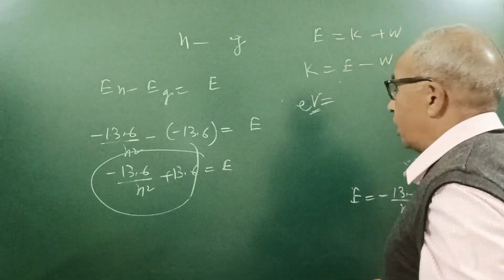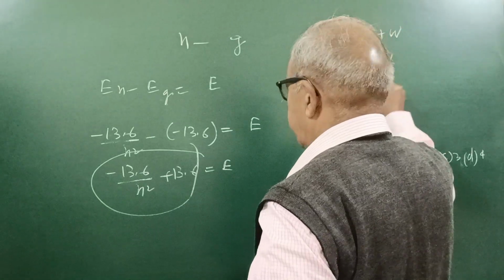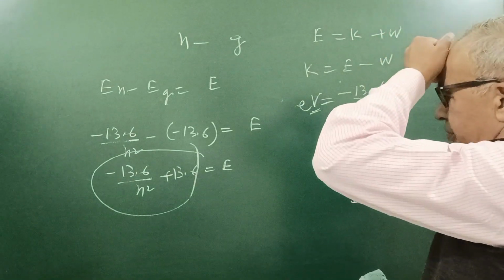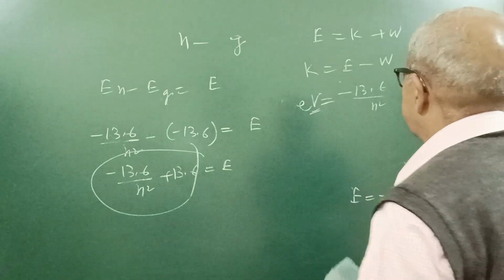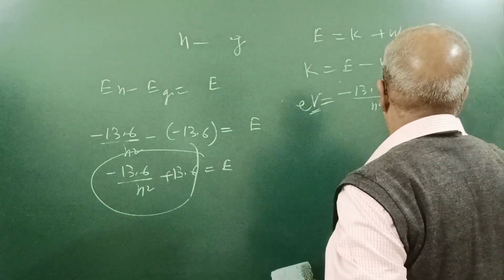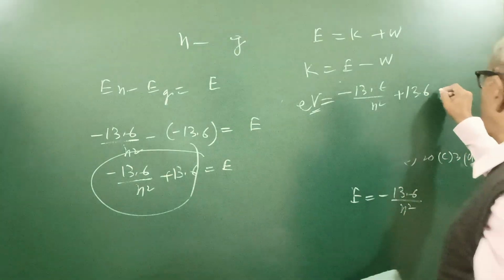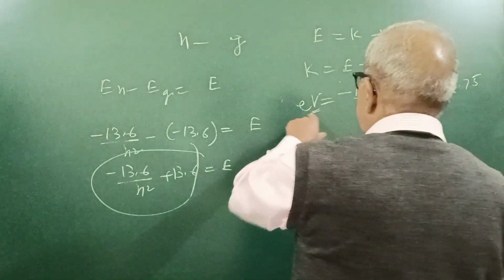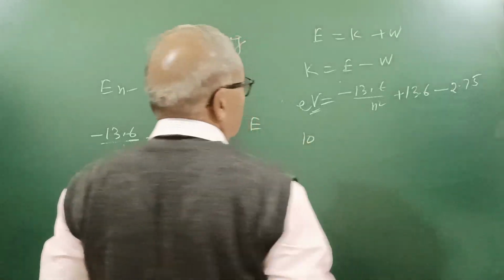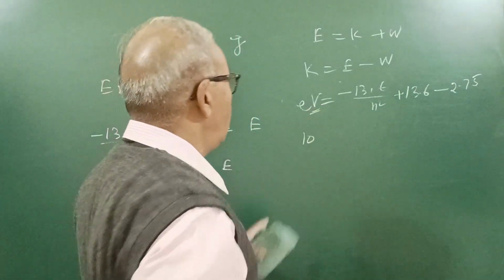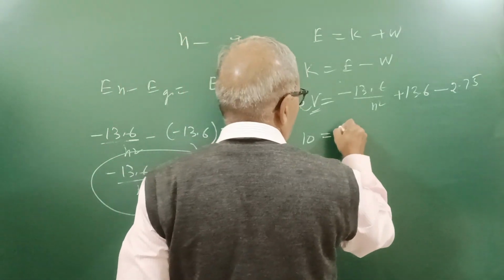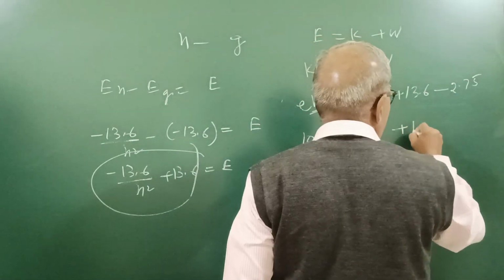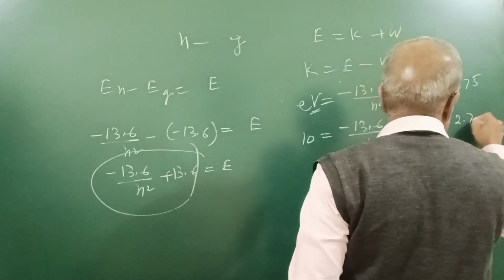So eV is 10 electron volt directly. So 10 electron volt is equal to minus 13.6 upon n square plus 13.6 minus 2.75.